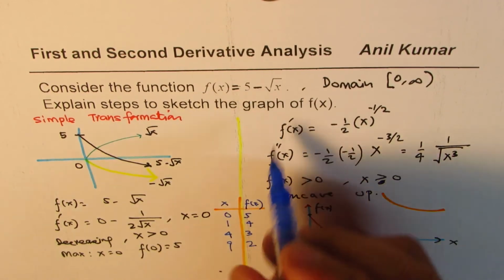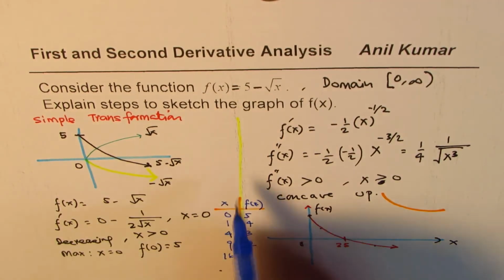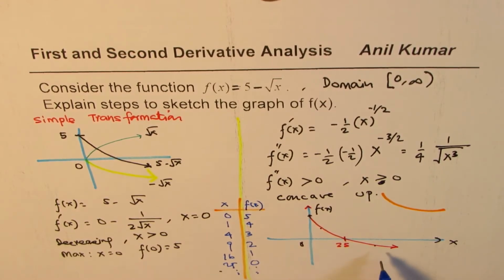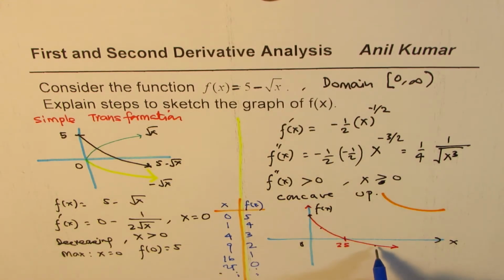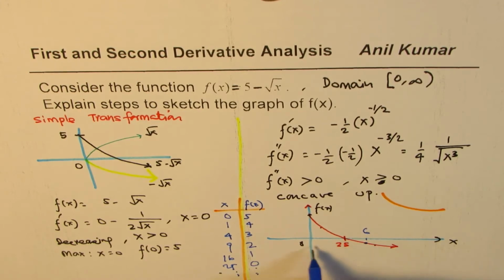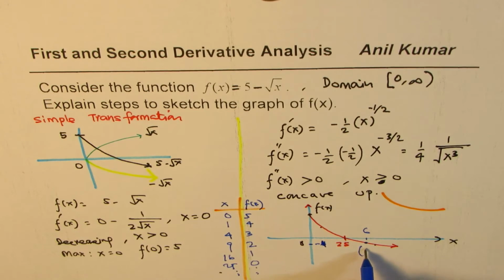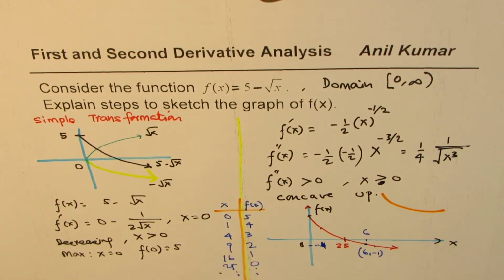And then next will be 16, which gives 1. 25 will give me 0. Likewise, you can continue and get some values. At 36, we have minus 1. So 36 and minus 1, and so on, correct? So you get a graph like this. That is how you could sketch this graph.